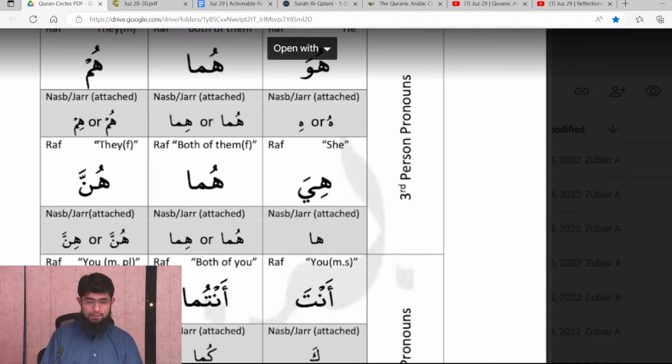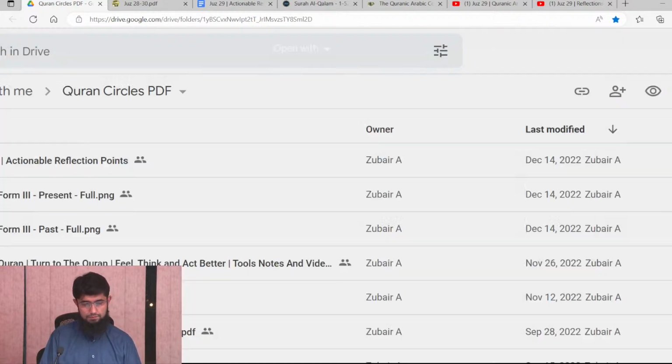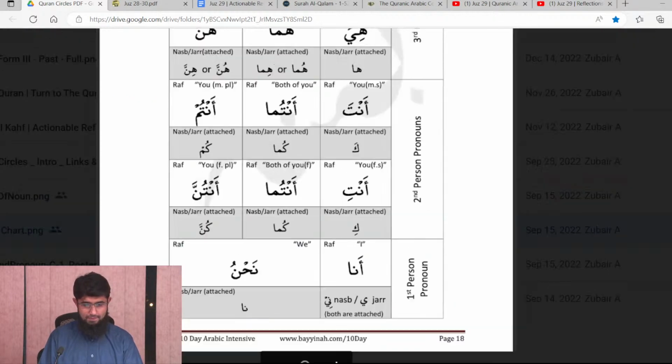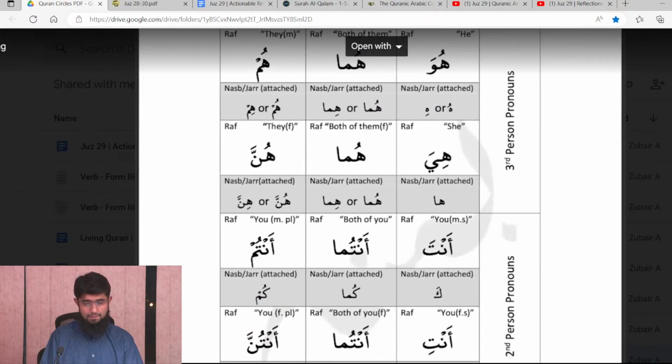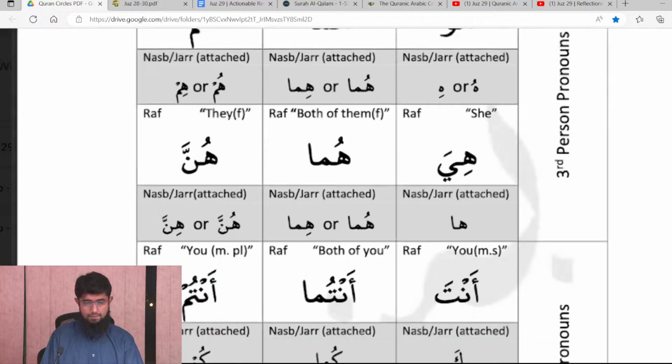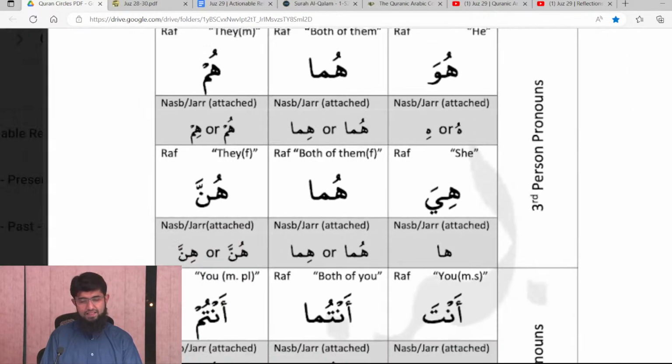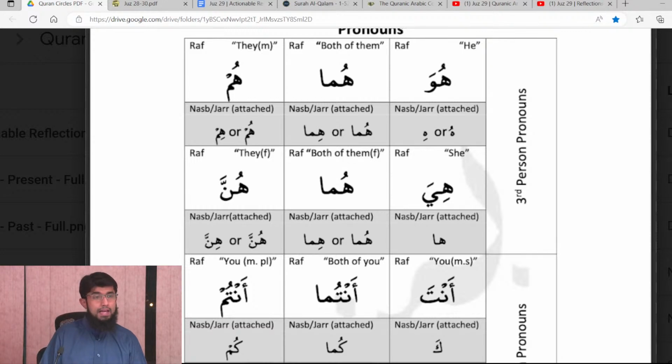So in English you have he, him, and his. When do you use he? Give me an example of he. He's brave, he's working hard, he's strong, right? So you use he. That's what in Arabic you would use huwa.